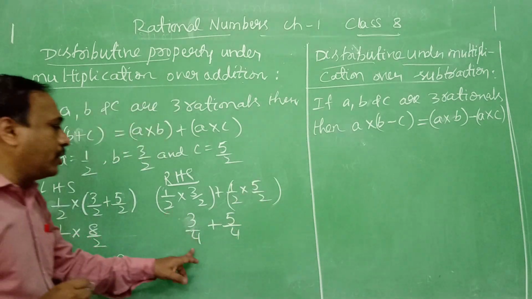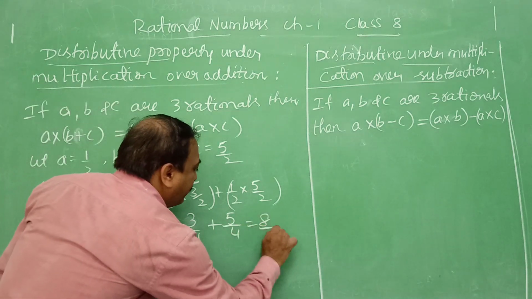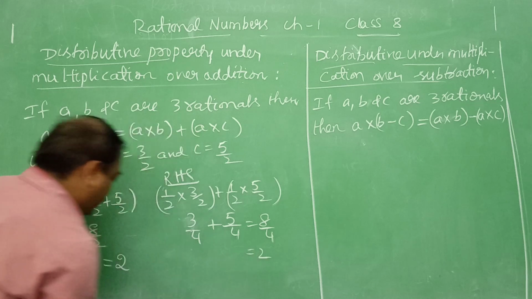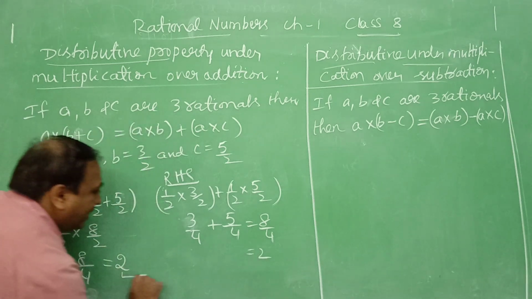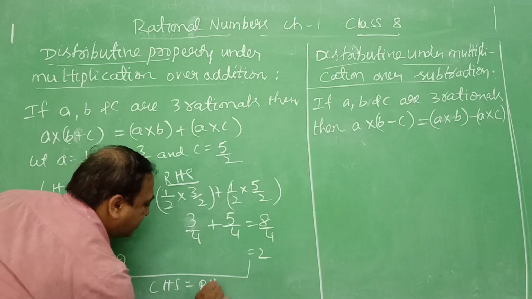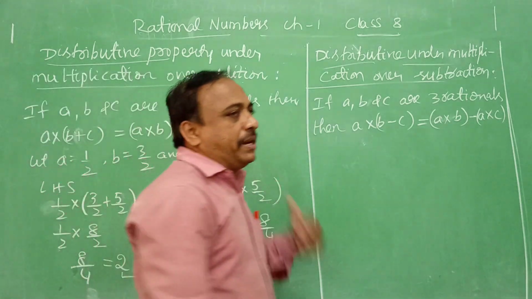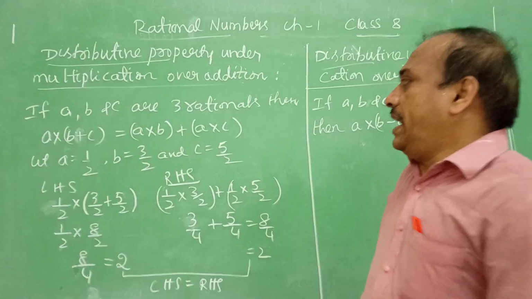So 3 by 4 plus 5 by 4 is equal to 8 by 4, which is equal to 2. Now you see 2 and 2 both are equal. So LHS is equal to RHS. So this property is the distributive property under multiplication over addition.